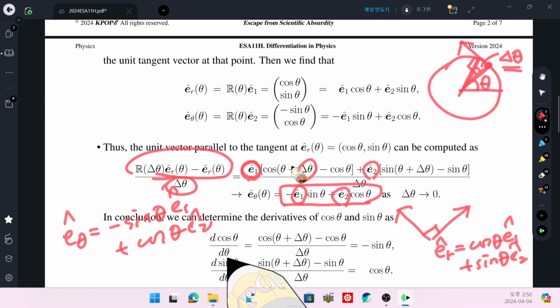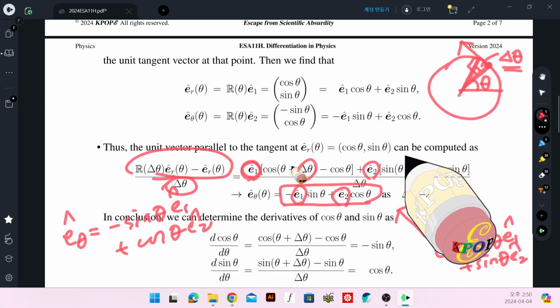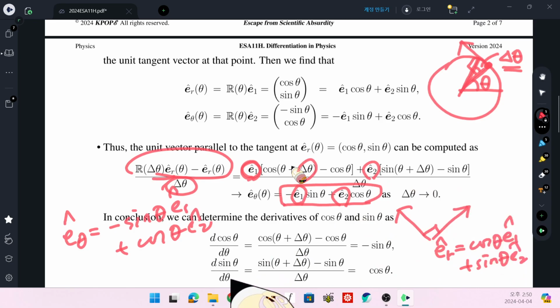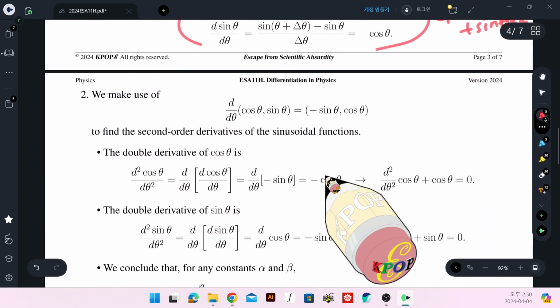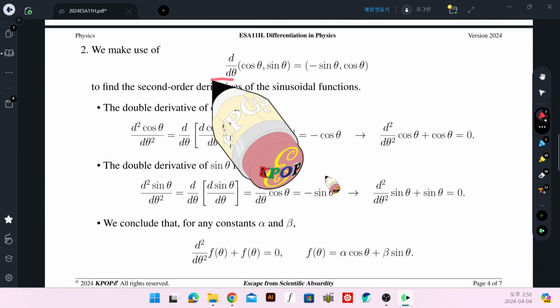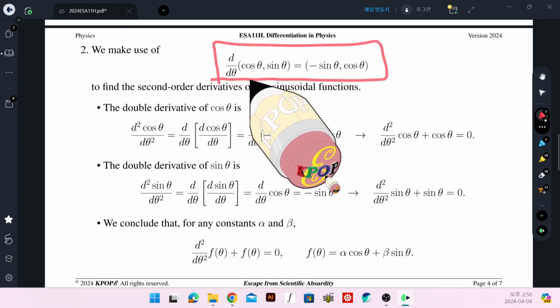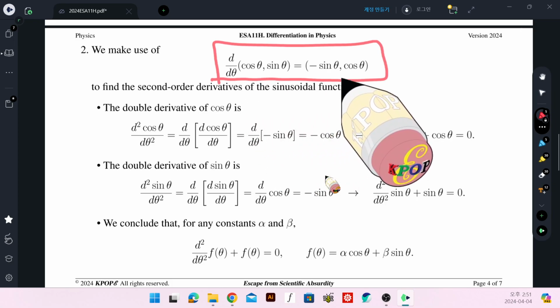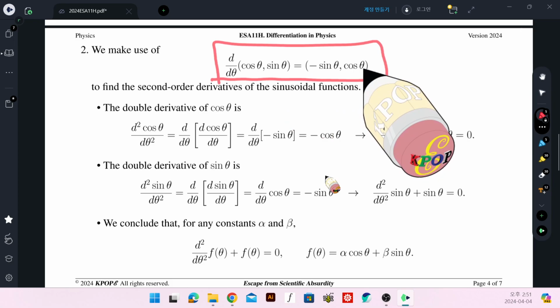Finally, the table of derivatives of cosine and sine is completed. Now we have obtained that the derivative of cosine is minus sine and the derivative of sine is cosine.